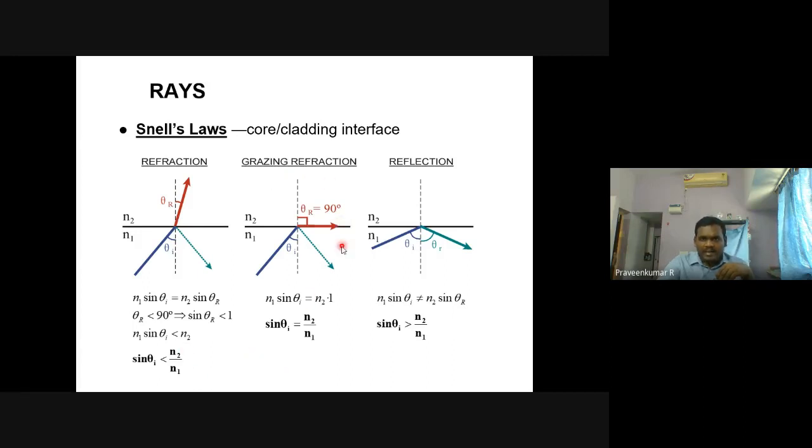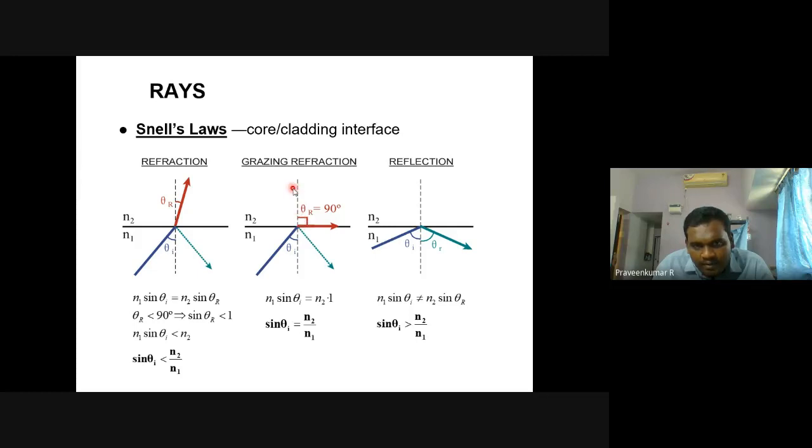And for grazing refraction, you can see here this is theta r, the refracted angle. Suppose the refracted ray lies parallel to the interface line between n1 and n2, making an angle of 90 degrees. That is the important characteristic. When I increase theta i in this direction, the refracted ray comes down and meets the interface at one point.